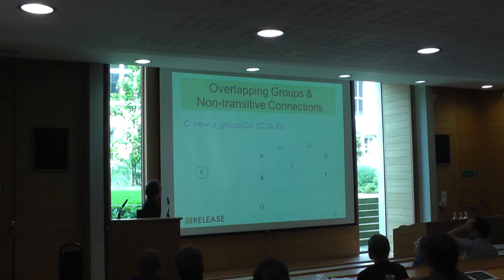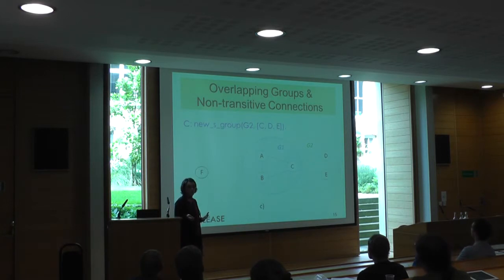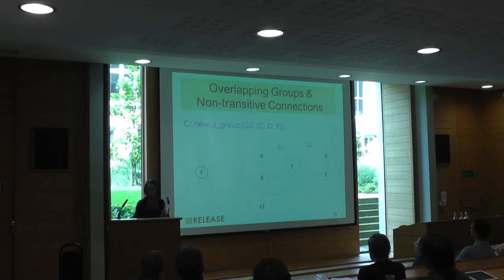We also may have overlapping groups. So nodes may belong to more than one S group. And here, as an example, we created another S group that consists of nodes C, D, and E. And node C belongs to both groups. But it doesn't share information, for example, about nodes A and B with nodes D and E, and vice versa.